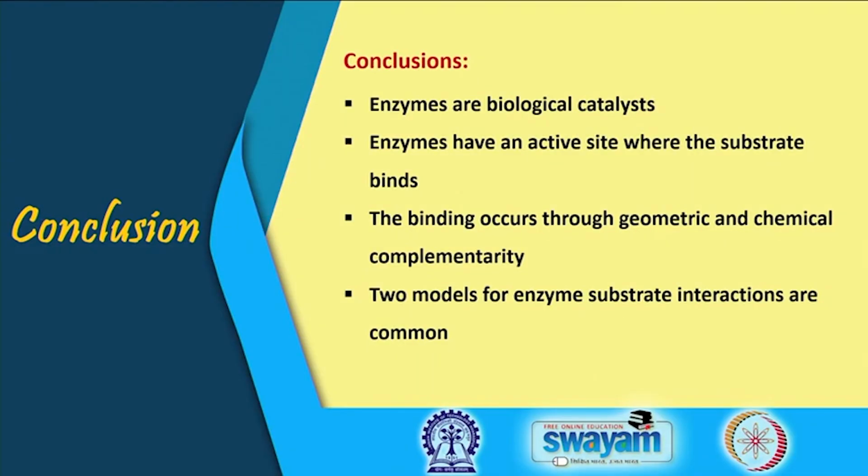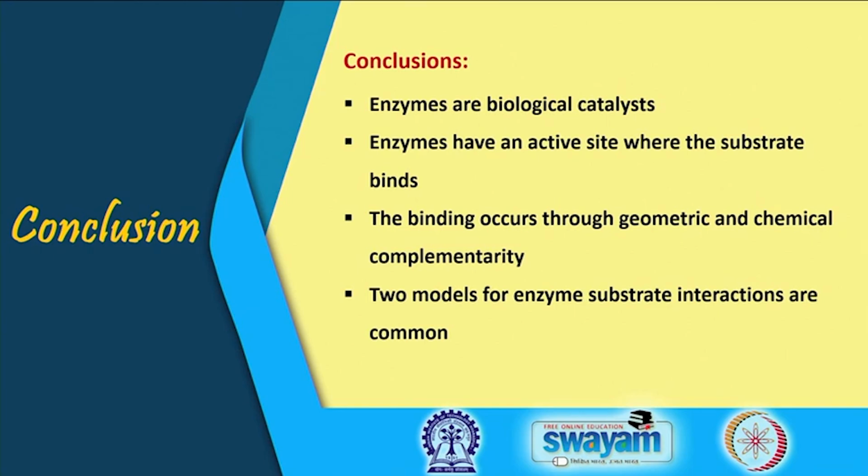We learnt of the different types of amino acid residues, and some of these will line the active site. We will see that a large number of histidines are present. This is because the pKa value of histidine, as I mentioned earlier in one of the classes, is in such a range that it matches physiological pH. The binding to the active site occurs through complementarity.